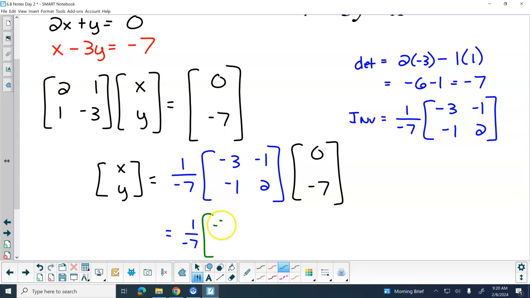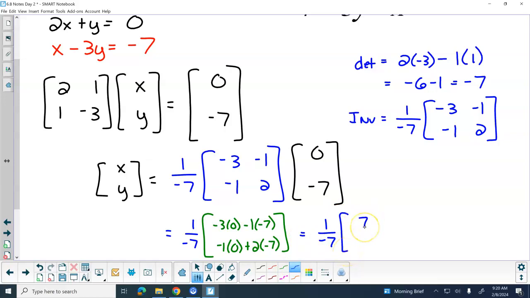So that's going to be negative 3 times 0 minus 1 times negative 7. That's going to be negative 1 times 0 plus 2 times negative 7. That's going to be positive 7. That's going to be negative 14.